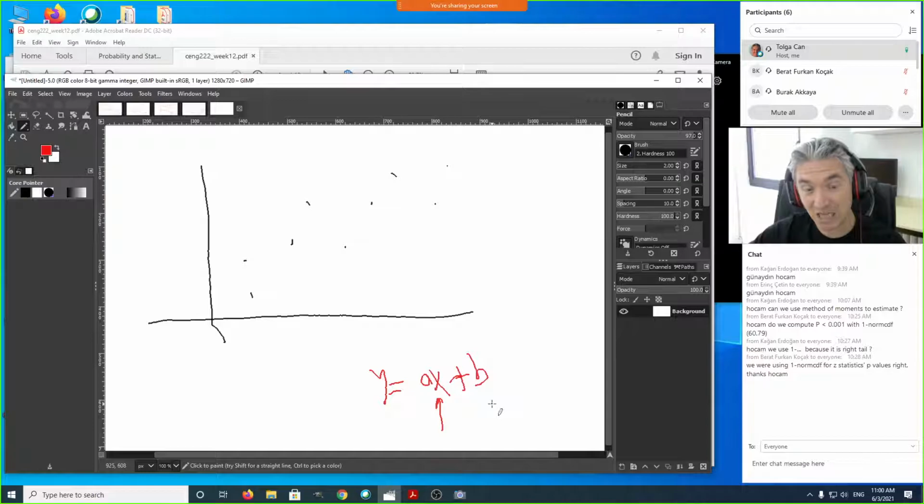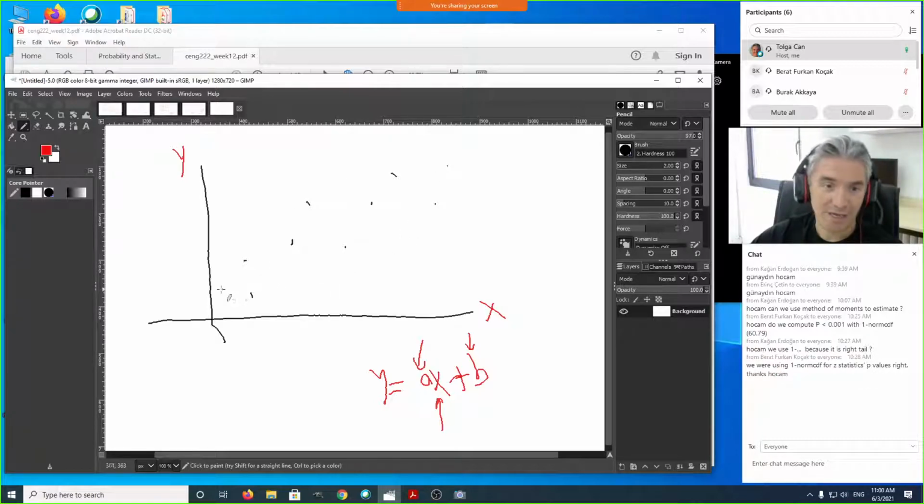If this is x and this is y, we are going to have a model which is basically a line. Our goal in this chapter will be how we can find this a and b, these constants in this line that define your model. How do you find a and b given some training data?